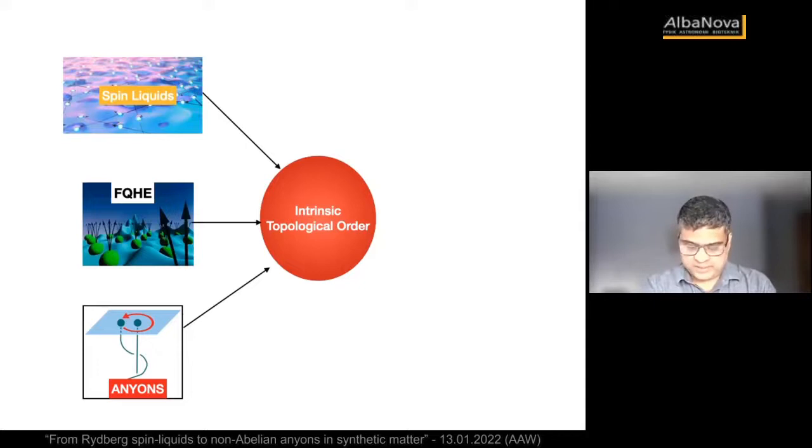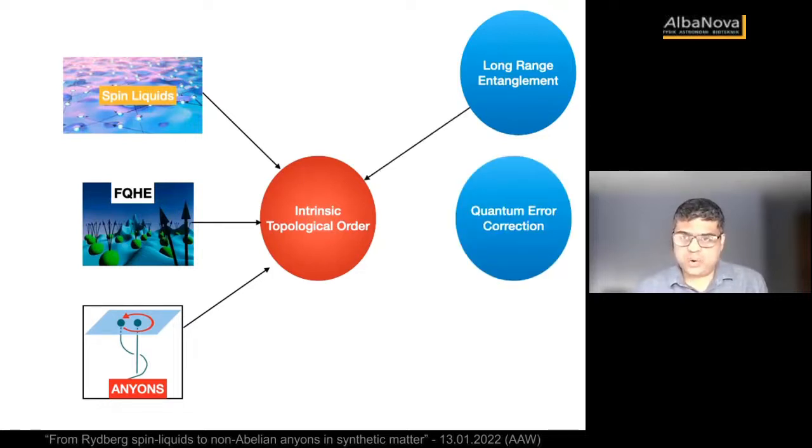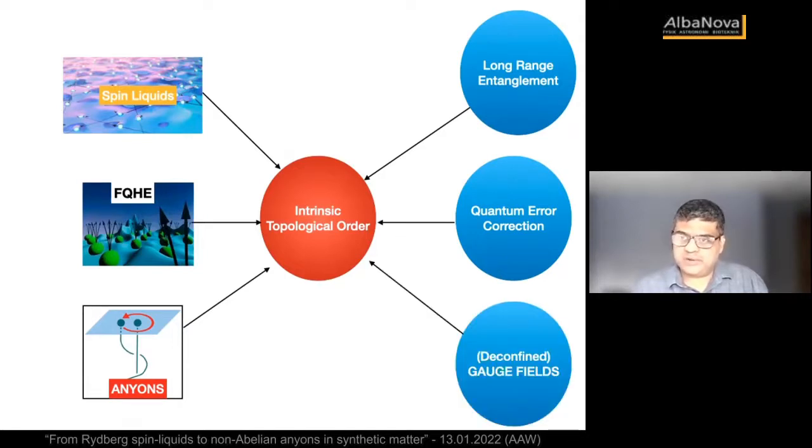Some of the physical concepts that will emerge have to do with anyons, particles that have statistics intermediate between bosons and fermions. It will also bring together ideas like long-range quantum entanglement and quantum error correction, which are relevant if you want to build a fault-tolerant quantum computer. And finally, we'll see a very close connection to deconfined gauge fields.